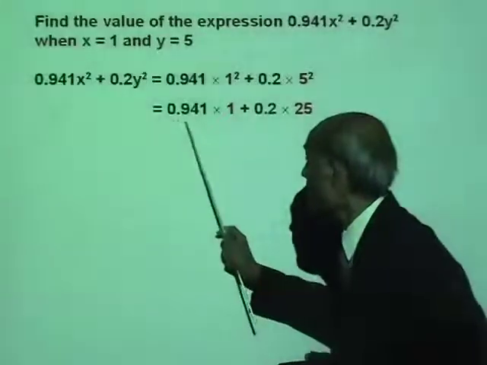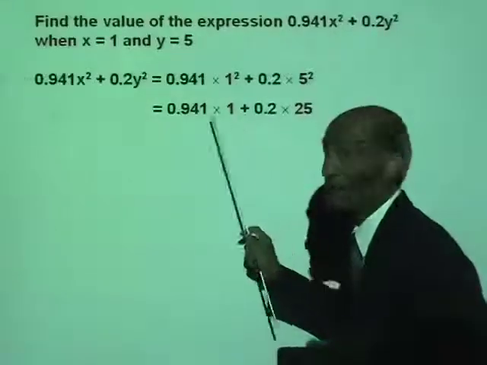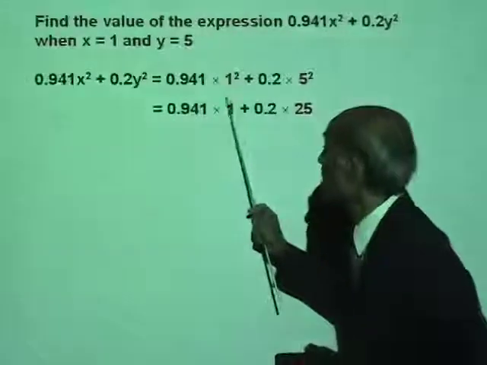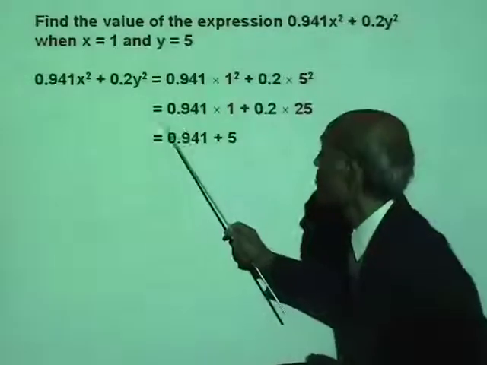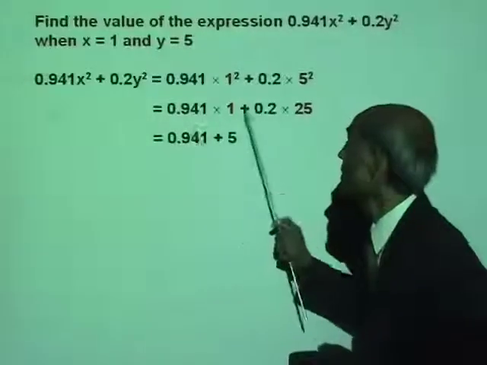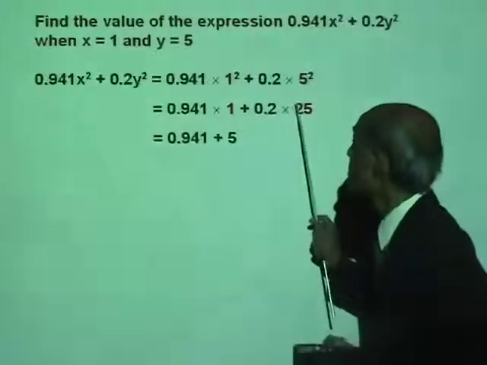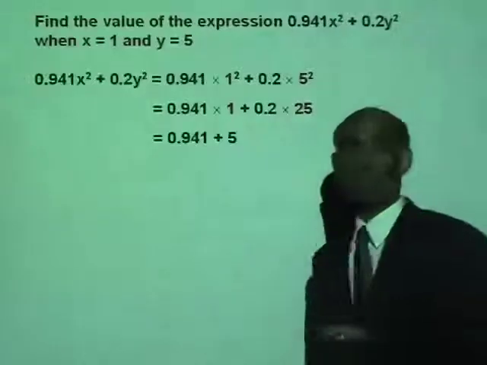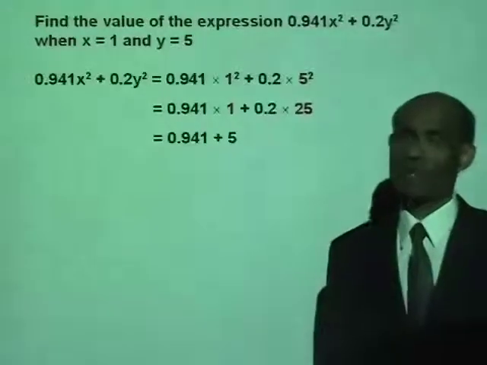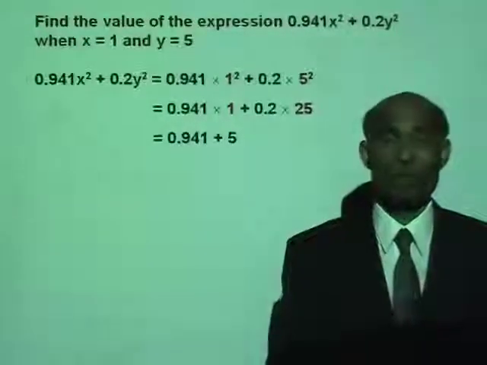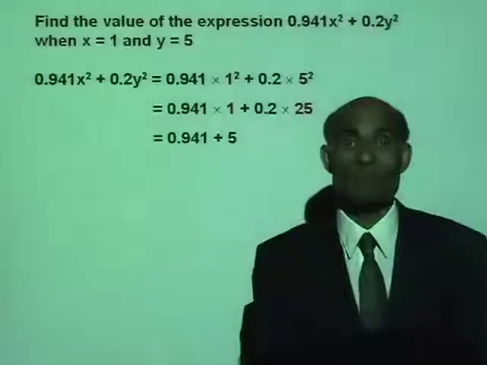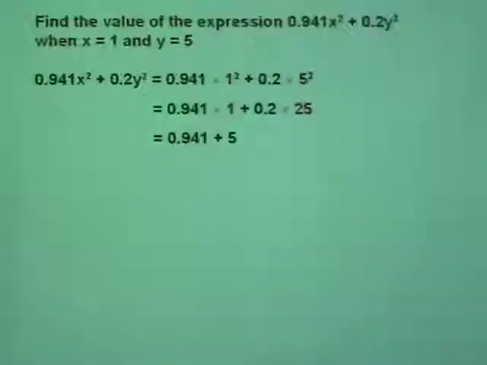Okay, multiply before we add. 0.941 times 1 is 0.941, and 0.2 multiplied by 25. Well, I hope you know how to do that. Let me take you back to that one more time.